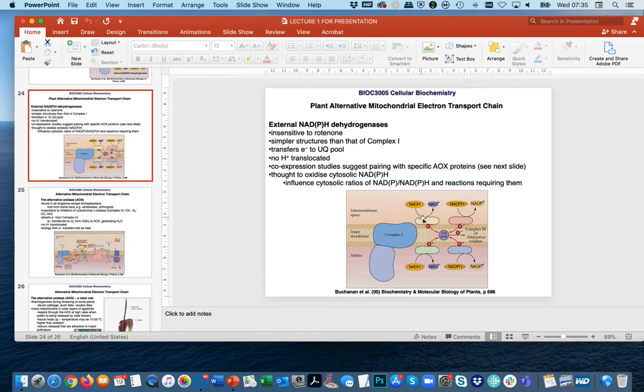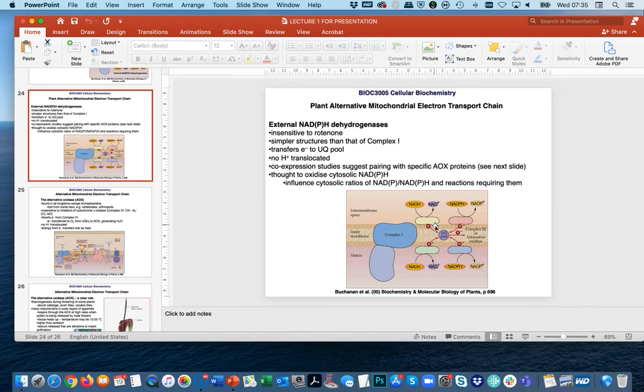They transfer electrons to the UQ pool, as shown in the diagram, but again, no protons are moved across the inner mitochondrial membrane. They appear to be co-expressed with specific alternative oxidase proteins, which we'll talk about in the next slide. So it looks like they might function hand in hand with the alternative oxidase.